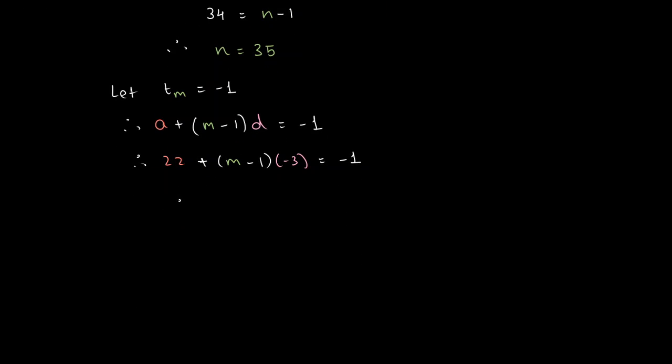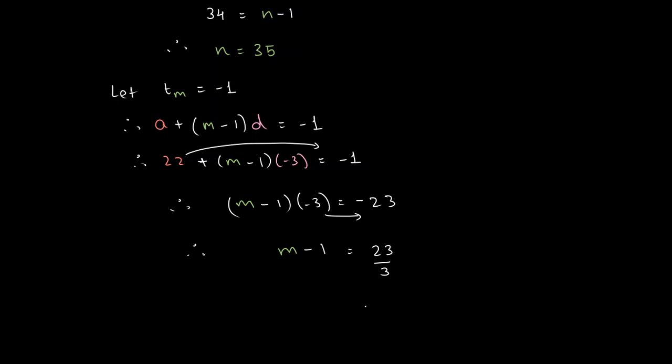Let's take the 22 from the left hand side to the right hand side. So plus 22 here becomes minus 22 there. So finally m minus 1 into minus 3 is equal to minus 23. Now minus 3 multiplication here becomes division on the other side. So m minus 1 will be equal to minus 23 upon minus 3, which is 23 upon 3.